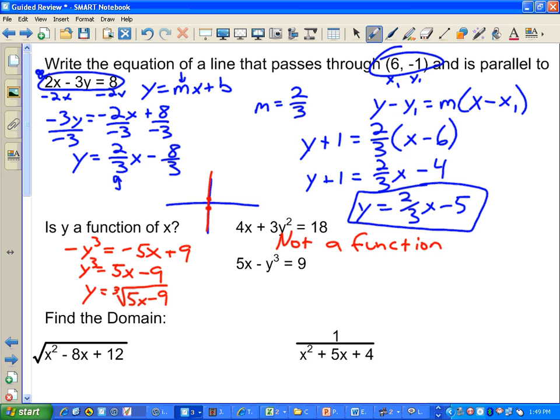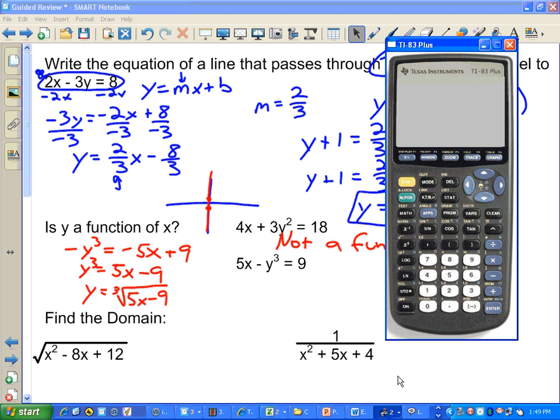So if I put a value in, let's see, here, let's show it on the graph. I'll actually graph this. So if I graph the cube root of 5x minus 9.